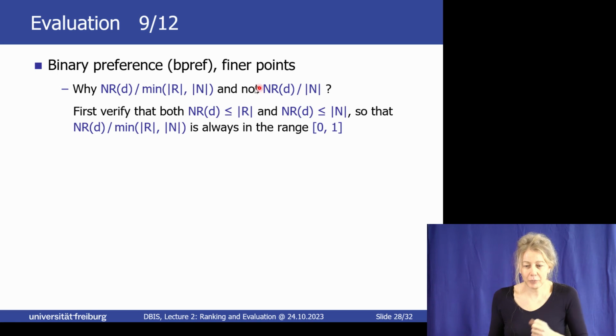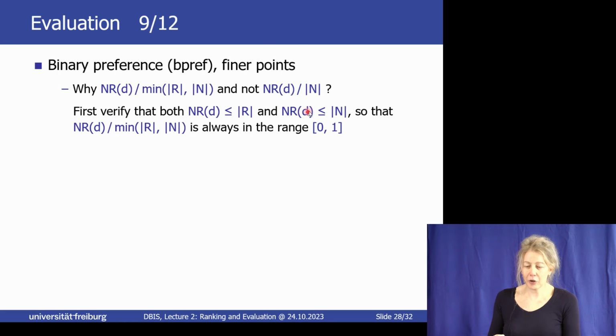It's not very deep, but still math. First, when you divide by the minimum of something, and this is supposed to be a number in the range 0 to 1, you should verify that this number is smaller than R, and it's smaller than N. It's smaller than both of them. And I leave that to you.